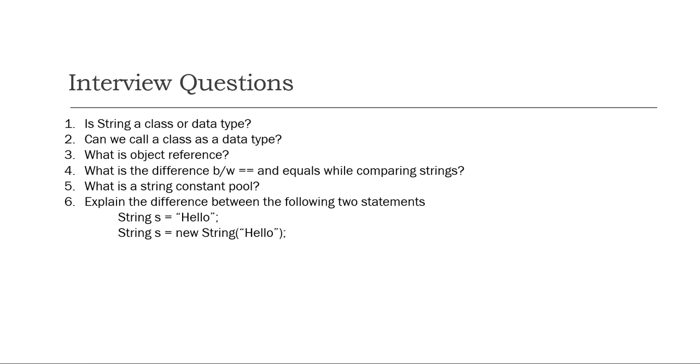If that value is already available, it is not going to create a new block of memory. It is going to point to the same block and copy the existing reference to the new reference. So if you have created two objects with the same value using the equal operator and compare the strings with the equal operator, it is going to return true, because both references are the same.